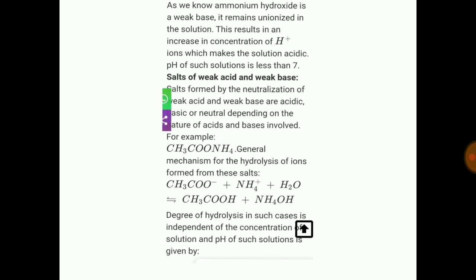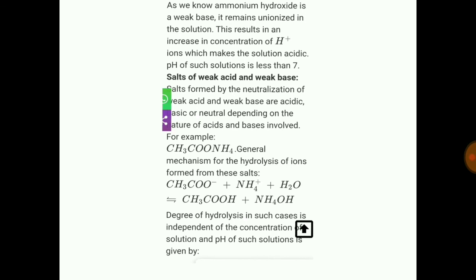Another form is salt of weak acid and weak base. The neutralization of weak acid and weak base gives solutions that are acidic, basic or neutral, depending on the nature of the acid and base involved. So here, there are three possibilities. Either the solution formed is acidic, or neutral, or basic, depending upon the acids and bases involved in the reaction.